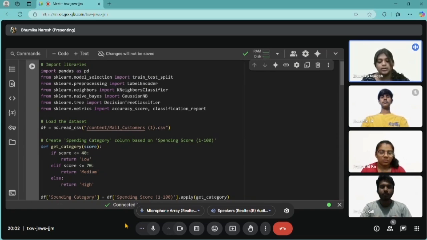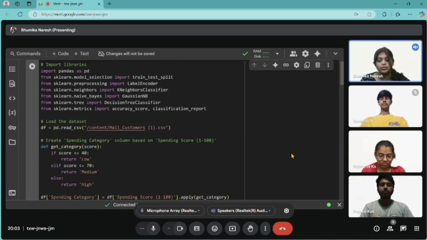Decision tree: the model creates a tree where each node splits based on the best feature. The splitting criterion uses entropy, a measure of uncertainty. It chooses the feature that gives the most information gain, that reduces entropy the most.